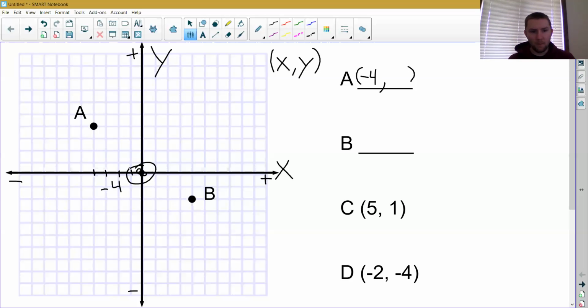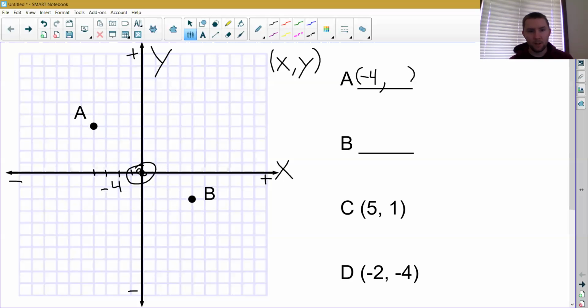Now, to get from my origin, from my 0, 0 point up to the level that my point A is at, well, I sort of already gave it away, right? We do go up, which means in the y direction, we're going to have a positive value. We're going to have a positive y coordinate, okay? So my y coordinate is how far up is this point from my 0, 0 point.